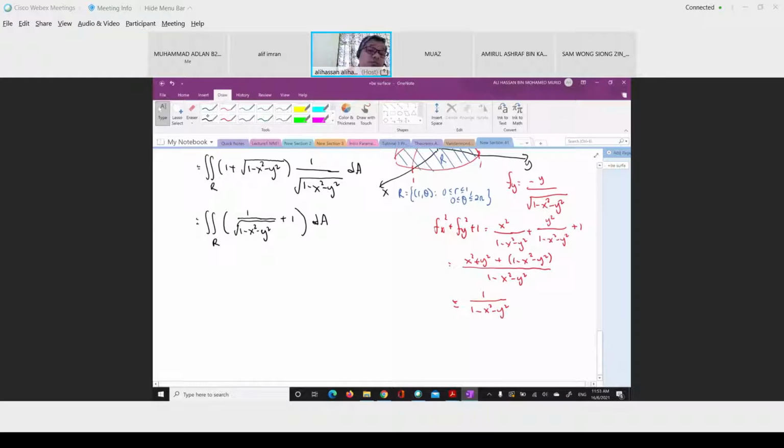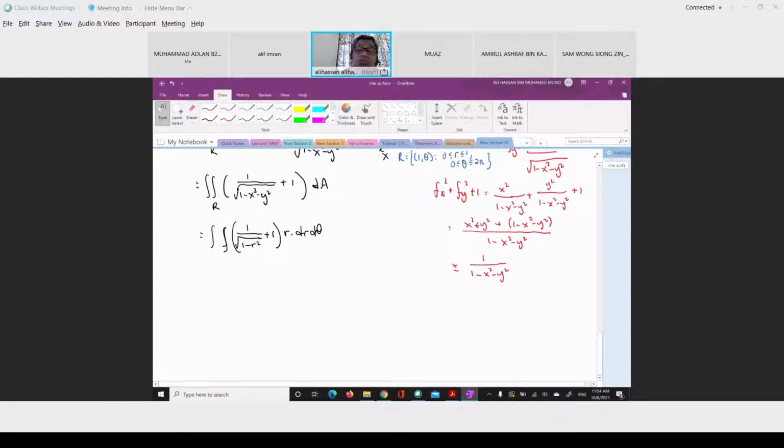So I can use polar coordinates to evaluate this double integral over the region R. In terms of polar coordinates, we have the square root of 1 minus r squared plus 1, and dA becomes r dr d theta. So integrate over r between 0 to 1, and theta from 0 up to 2 pi.